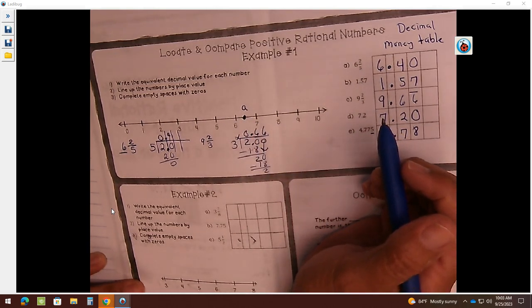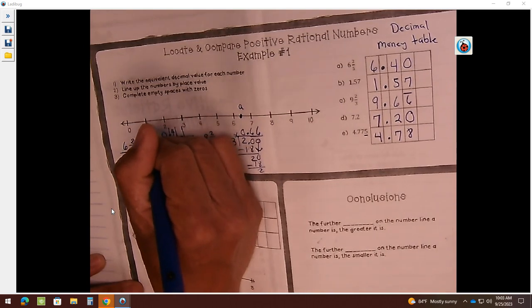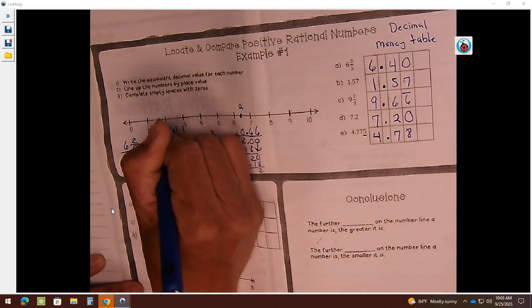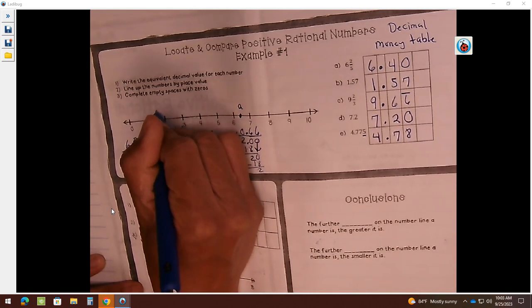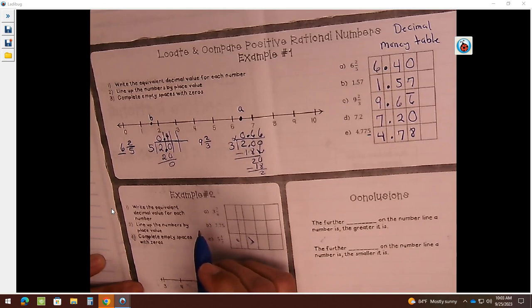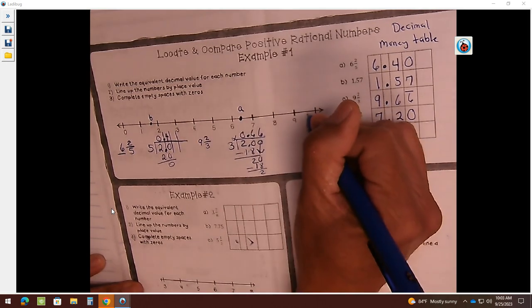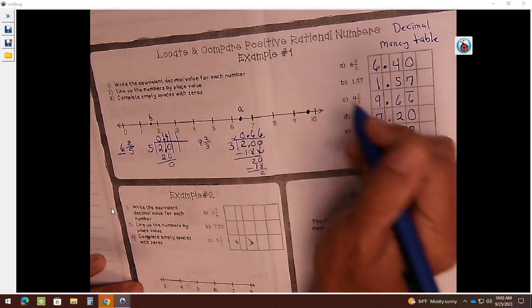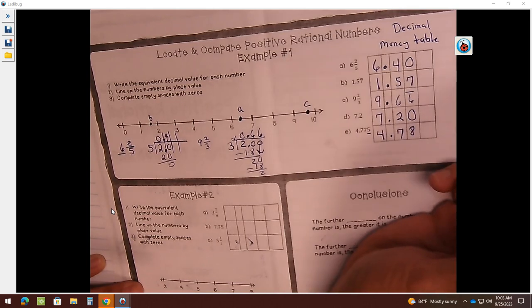$1.57. After the half or before the half? After. So here's $1.57, more or less there. What point would it be? B. 9.66. After the half or before? After. More or less here. And that would be point what? C. 7.20.